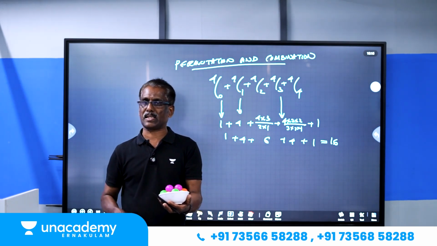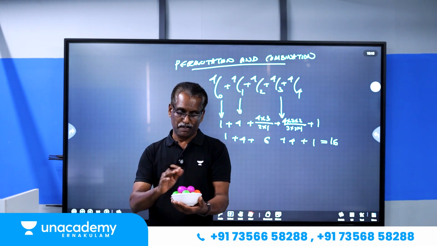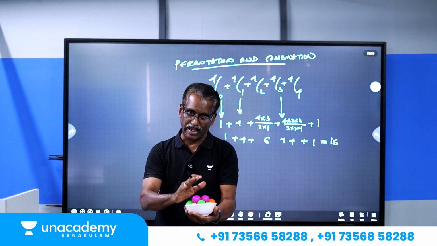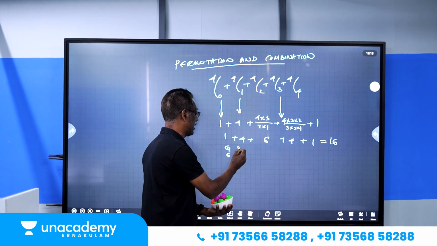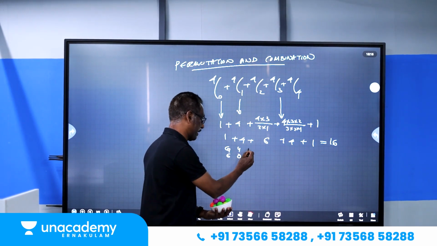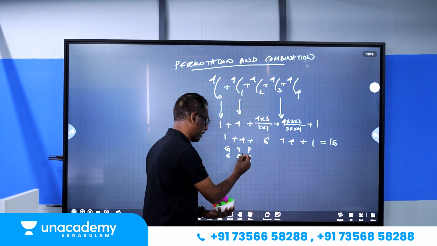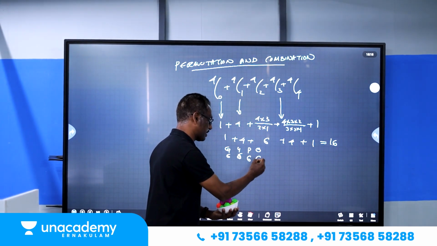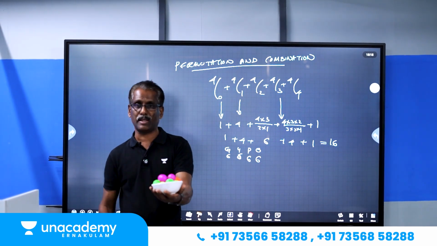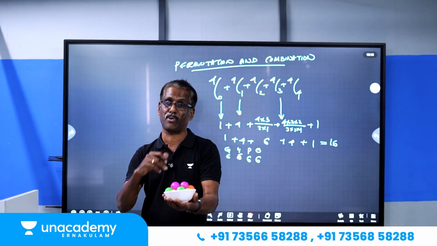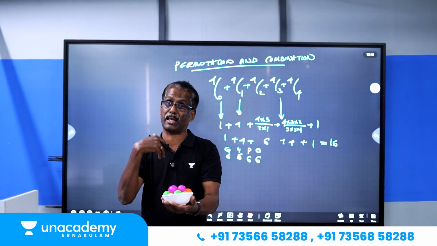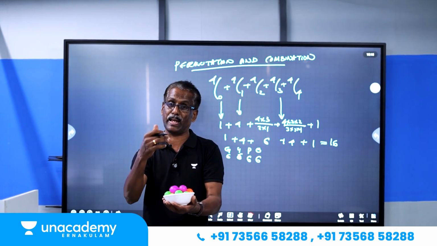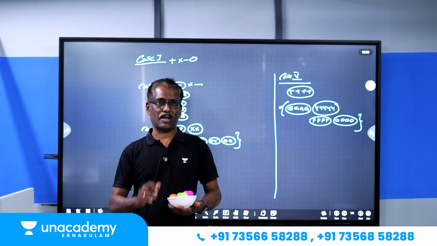So this is the case. Green ladus 6, yellow ladus 6, pink ladus 6, orange ladus 6. That means in this bowl there are 24 ladus. Out of 24 ladus, you are taking 4 ladus. In that case, what is the answer?